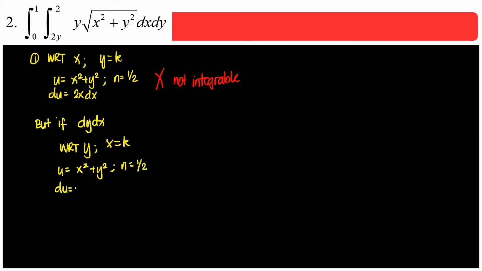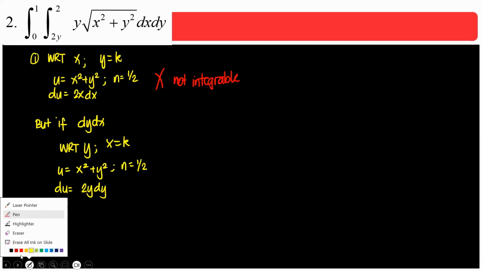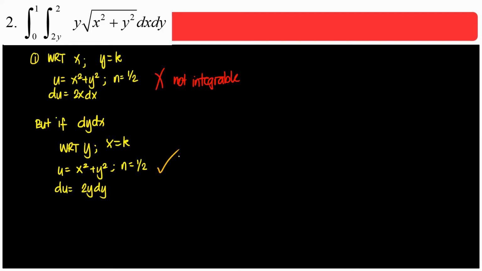The du, x is the constant one now. So it's going to be 2y dy. So look, guys, outside the square root, there is a y. So that means in this case, this one would be integrable. Integrable if the order is dy and then dx.